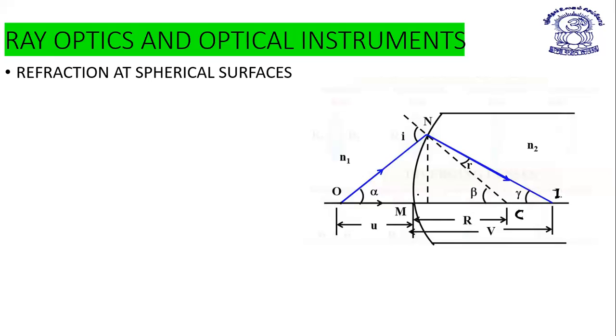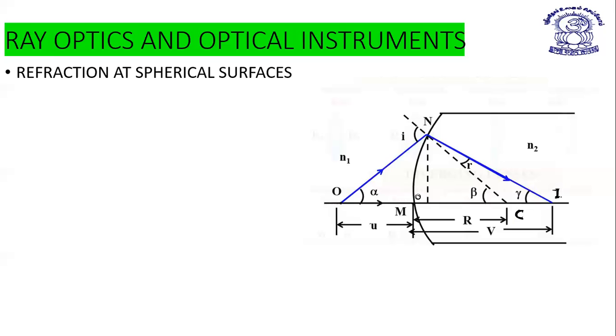The distance between the optical center of the spherical surface and the object is the object distance U. The distance between the image and the spherical surface is the image distance V. Now, the rays are incident from a medium of refractive index N1 to another of refractive index N2.